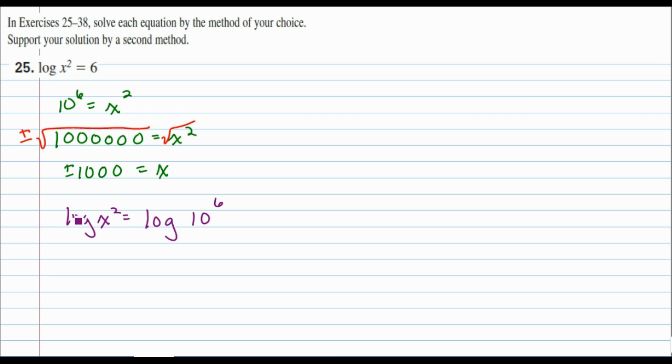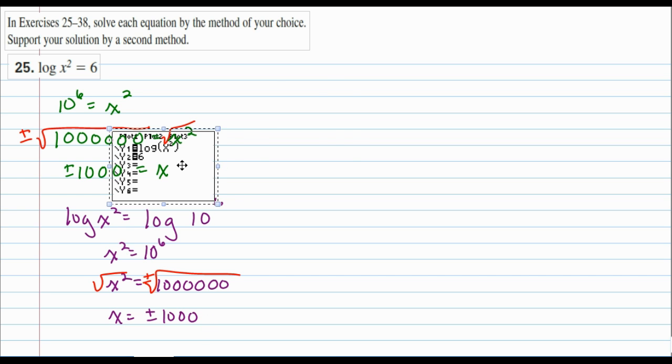But now since I have the log base 10 of x squared equals the log base 10 of 10 to the 6th, that means x squared equals 10 to the 6th by my one-to-one property. And I've got the same situation I had earlier. Take the square root of both sides, remember plus or minus, and I have x equals plus or minus 1,000.